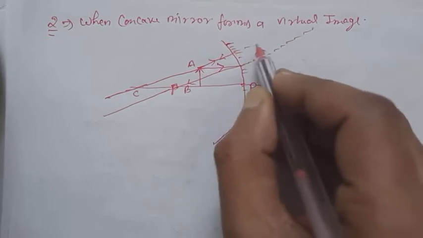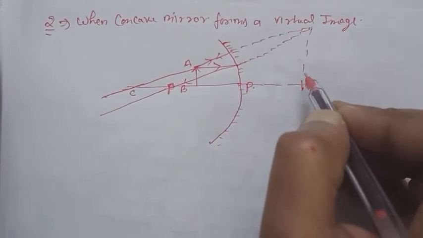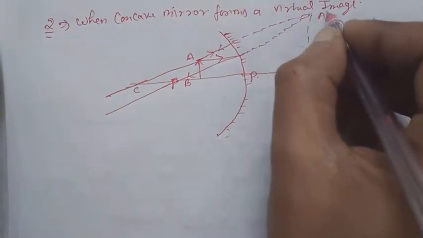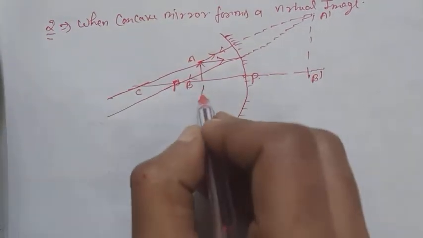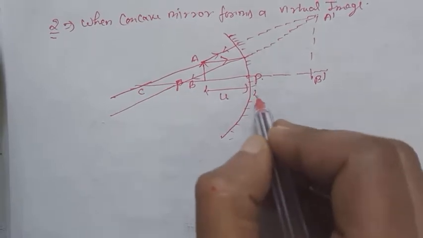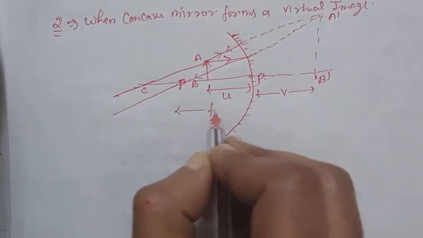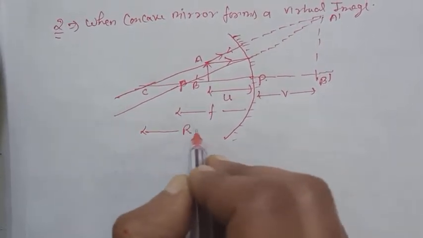Then it is drawn by dashed line which shows that the image is virtual, which is shown by A dash and B dash. This is the object position represented by u. This is the image position represented by v. This is the focal length represented by f, and this is the radius of curvature represented by r.